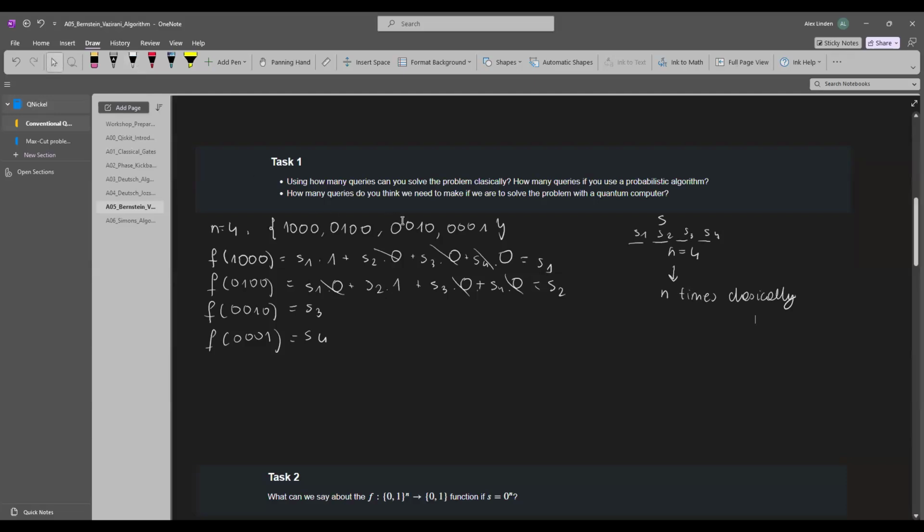So how many queries do we think the quantum computer will need? And again, I would like 3 bets, please.